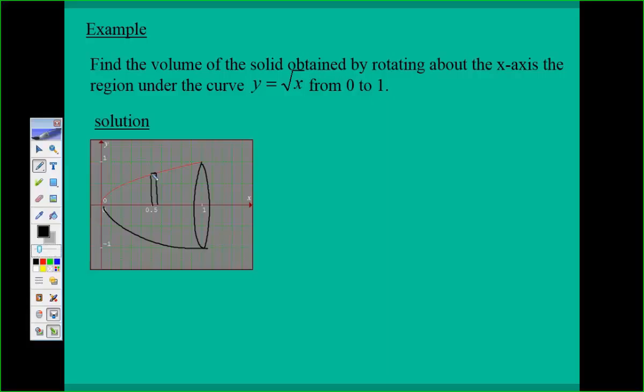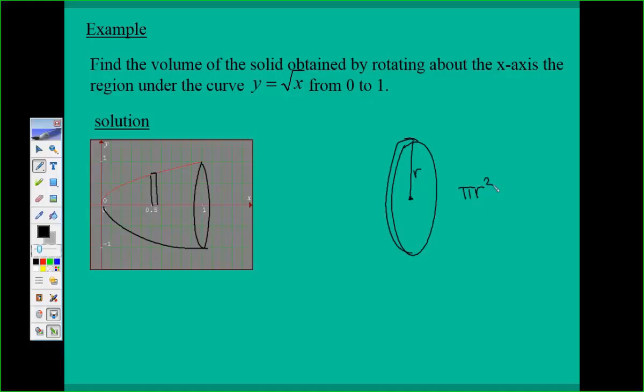Now, if we rotate that rectangle around the x-axis, it's going to end up looking like, I think about a hockey puck. It's going to look like this, where this would be R. Now our cross section is a circle, so we'd simply have pi r squared.